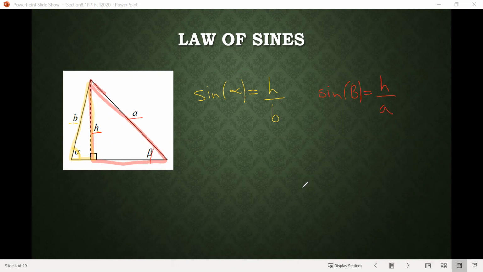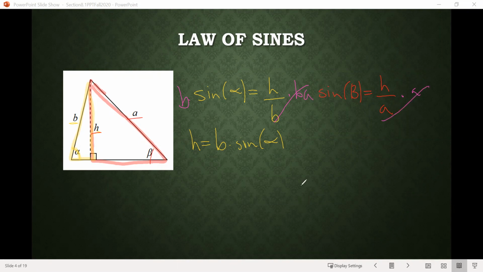And then what we're going to do in each of these is solve for the variable h, or isolate the variable h. So in this first equation, we can do that by multiplying by b on both sides. So b cancels, and we end up with h equals b times sine of alpha. And then in the second equation, we can multiply by a on both sides.